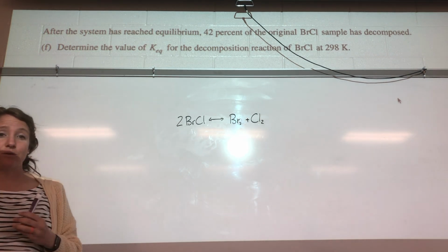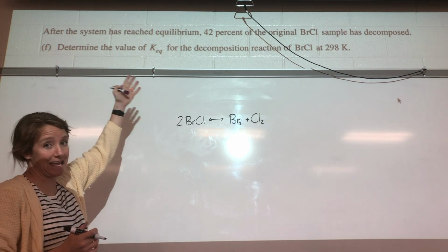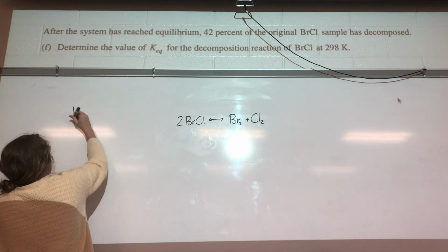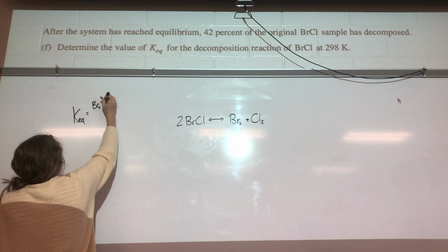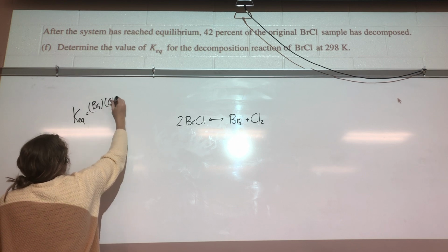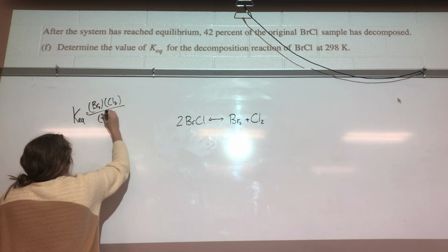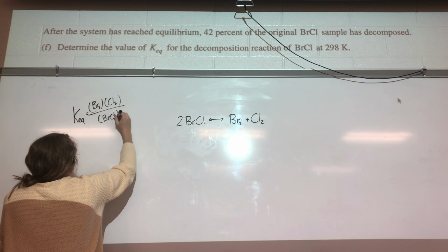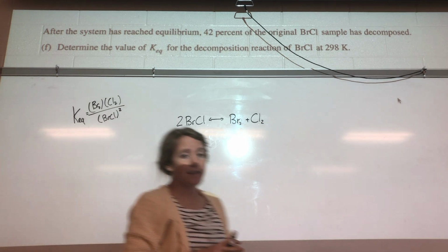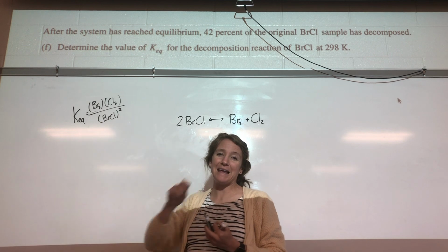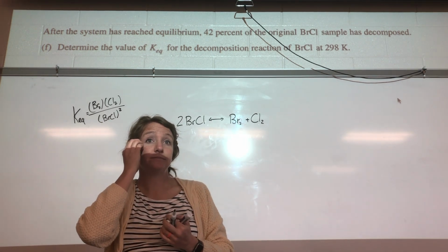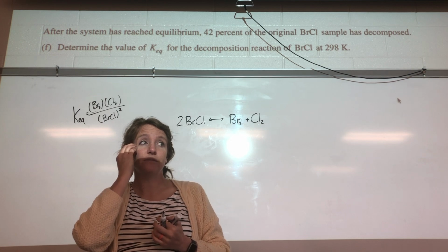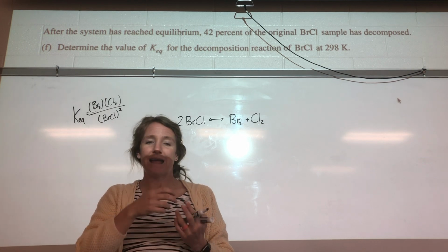Because in order to plug values into K, the K we wrote before, was Br2 times Cl2 over BrCl squared. These values have to be at equilibrium, not initially, but at equilibrium.